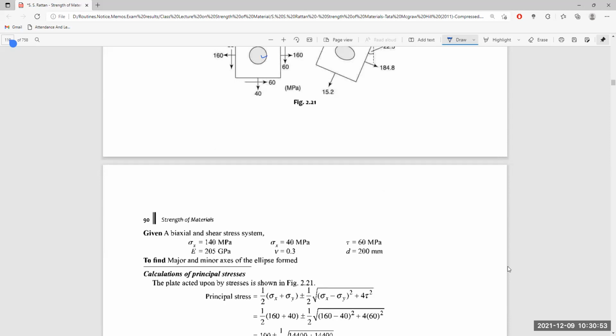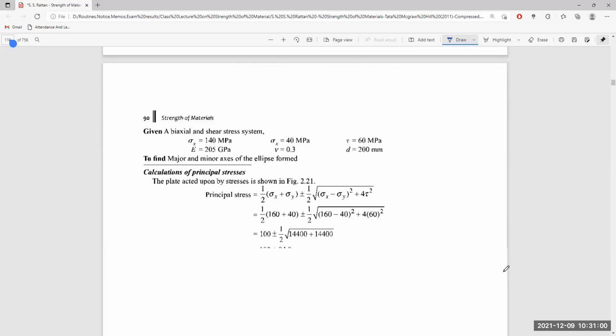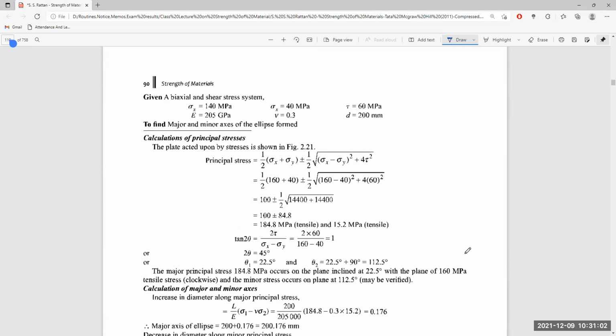So for the maximum stresses, we write down sigma x, sigma y and tau, and put the values into this equation. We'll get the maximum stress of 100 plus minus 84.8, that is 184.8 MPa and 18.2 MPa tensile. So tan 2 theta is 2 tau divided by (sigma x minus sigma y), equal to 2 into 60 divided by (160 minus 40), equal to 1.